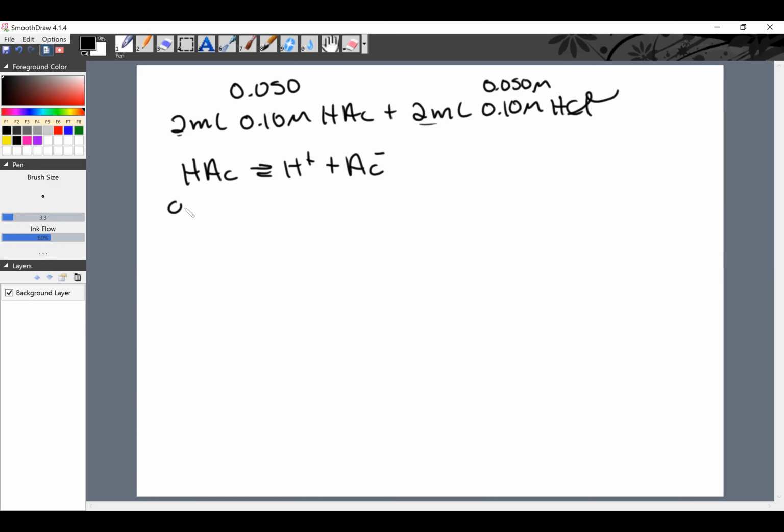So 0.050, 0.050, and 0. Here's the key though. This is a common ion, so it's not starting at 0 because I've added it. But I'm not going to plug it into Henderson-Hasselbalch. I'm going to plug it into my equilibrium expression.